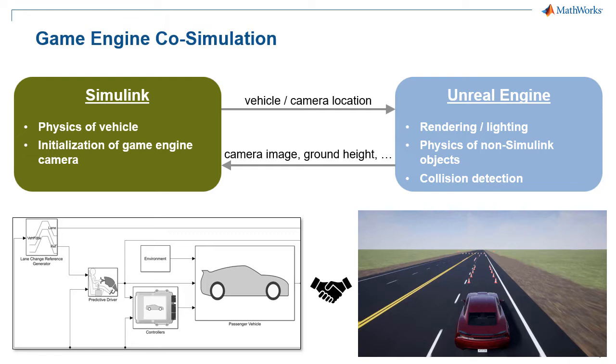The Unreal Engine does the rendering, the lighting, the physics of all non-Simulink objects, in other words, the environment, and also handles collision detection. And then being fed back to the Simulink environment is the camera image and the ground height of each wheel. So the height of the ground at each wheel location.